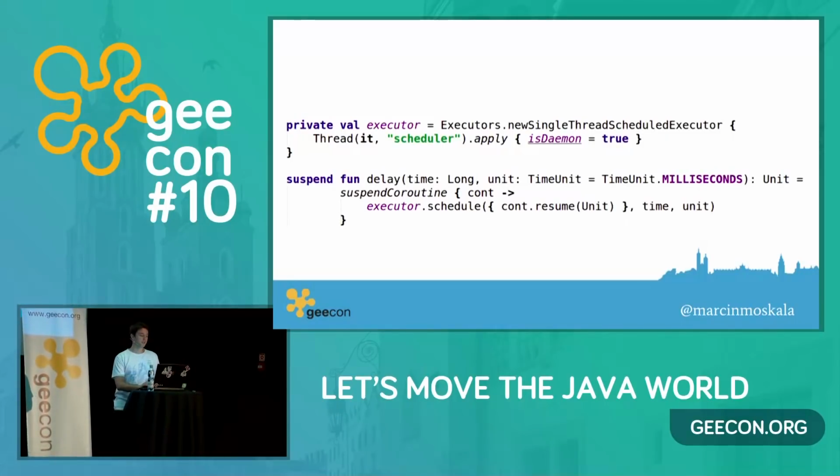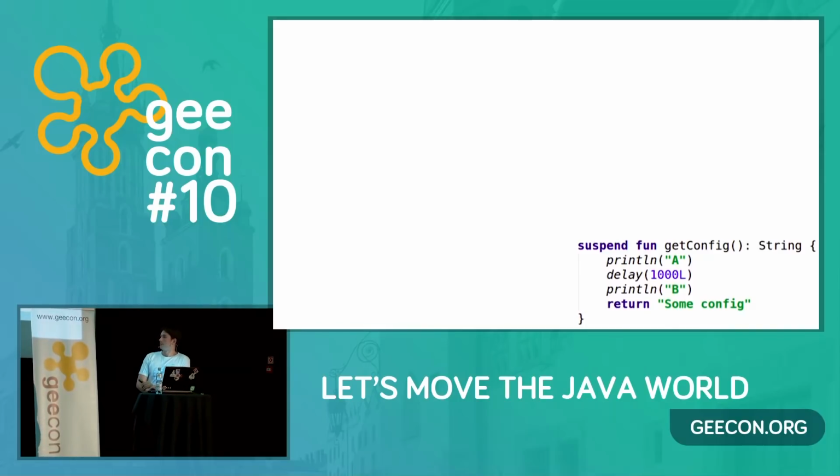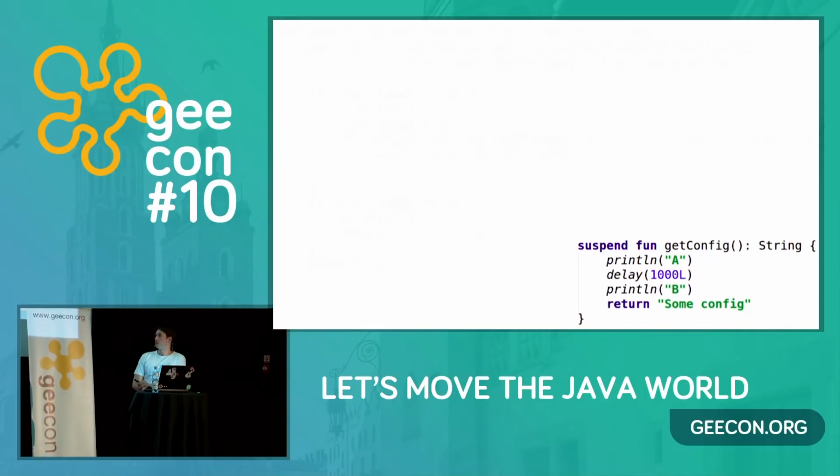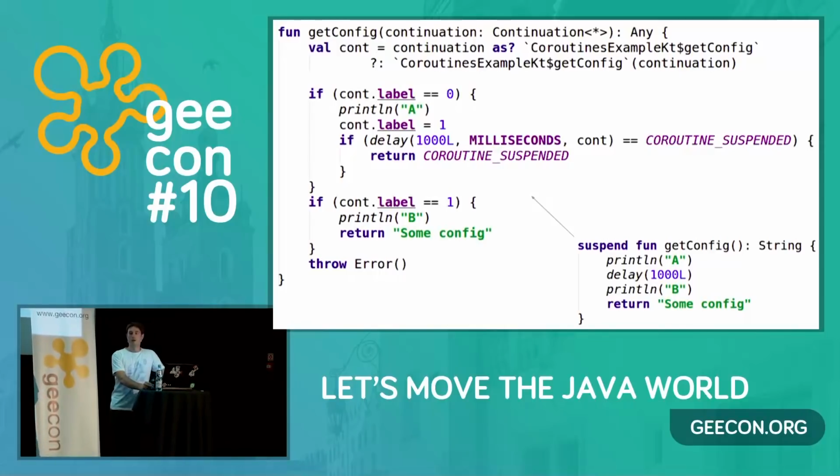When we have a suspending function, like this getConfig for instance, this suspending function is compiled into something like that. And as you can see, getConfig does not have any arguments, but under the hood it has an argument continuation. Every suspending function has a continuation passed as an argument.